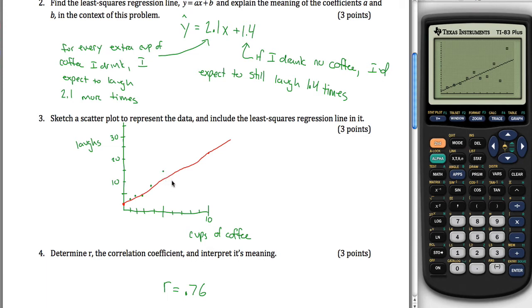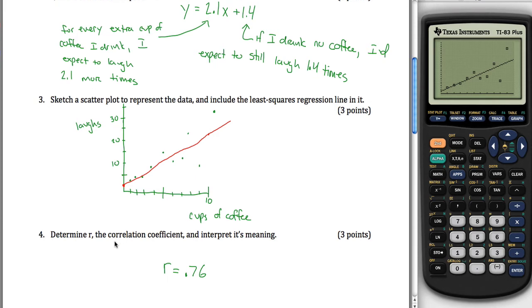Sixth one, a little below it. Seventh, kind of similar. Eighth up here. Ninth way down here. And 10th way up here. So good enough. There's my scatter plot, least squared regression line. Looks like that's good for 3.